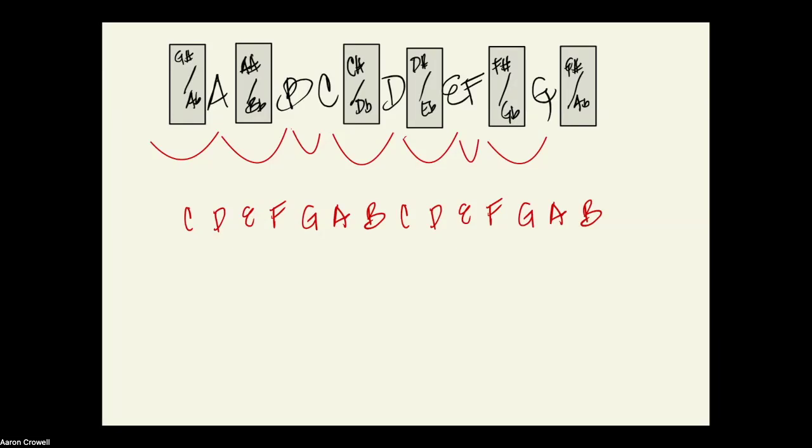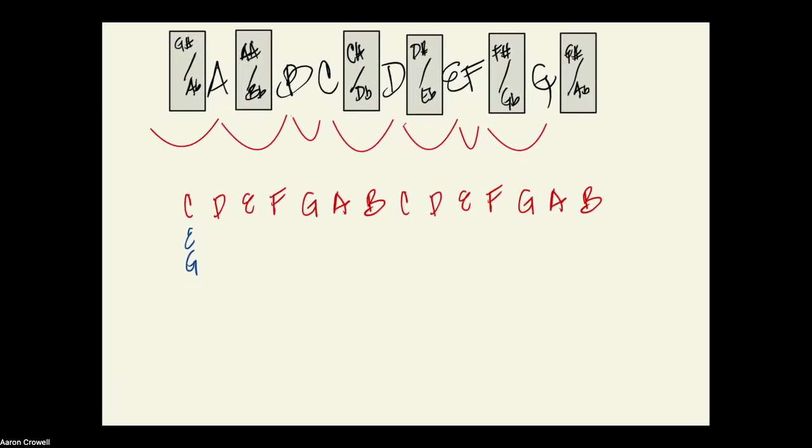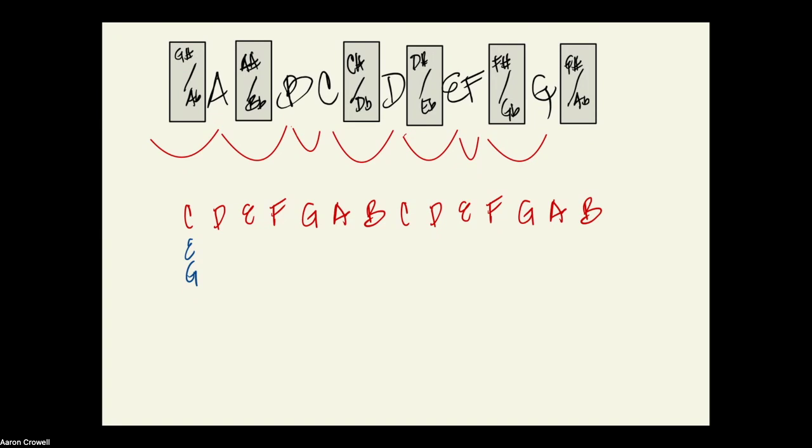If I skip, C, E, G, right? I do the same thing with D. I skip over to F, skip from F over to A. So I got D, F, A. And then E, G, B, then F, A, C, G, B, D, A, C, E, B, D, F. Right? And that's giving me my chords within my key.